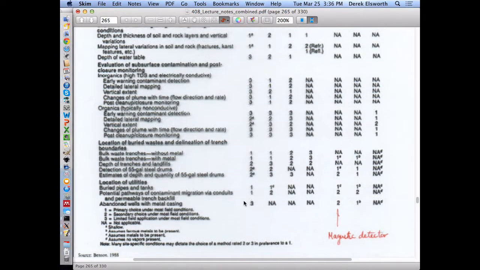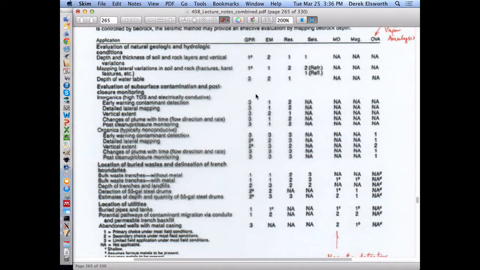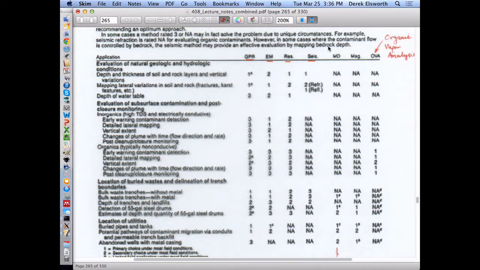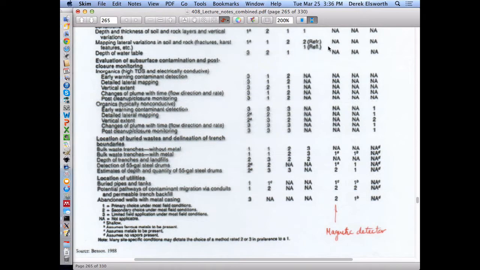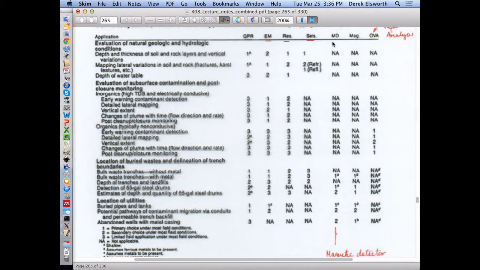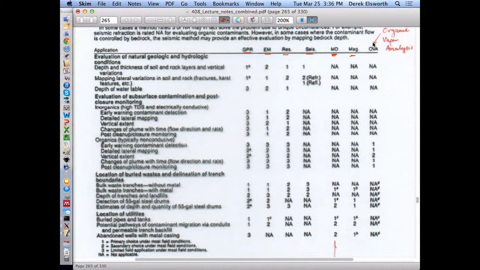There's a different one here that has some different ones, mainly the environmental one. This comes out of Cohen and Mercer. Ground penetrating radar, other electromagnetics, resistivity surveys, seismic surveys, MD, I don't know, does it, magnetic detector is people hunting around on beaches for coins, is a metal detector, a magnetometer, and organic vapor analysis.